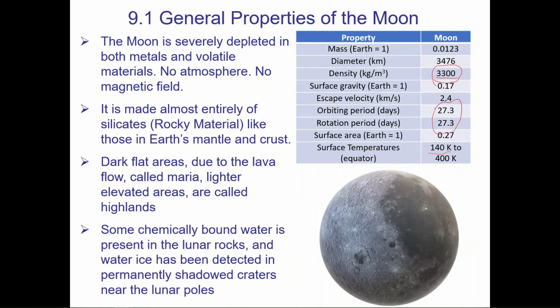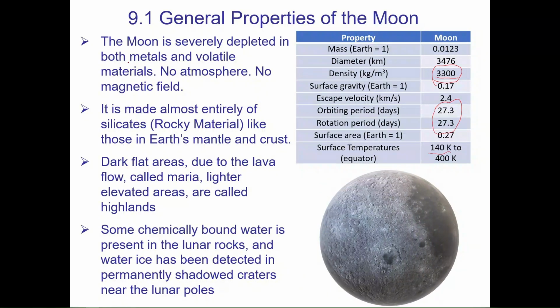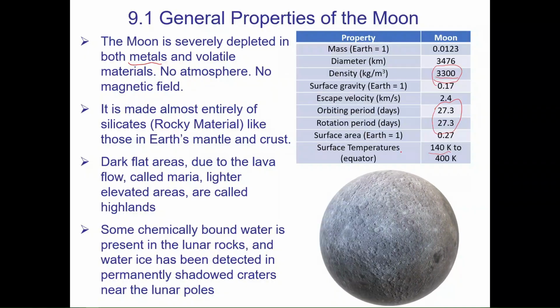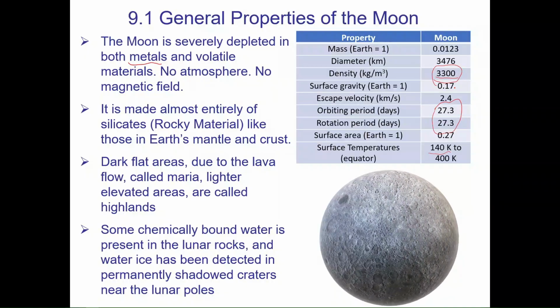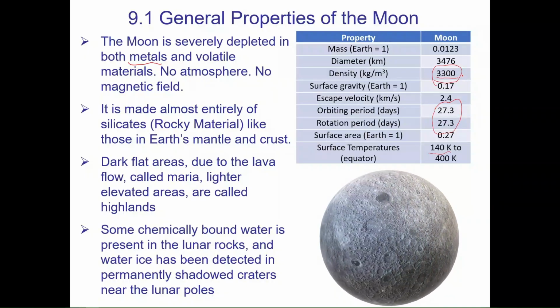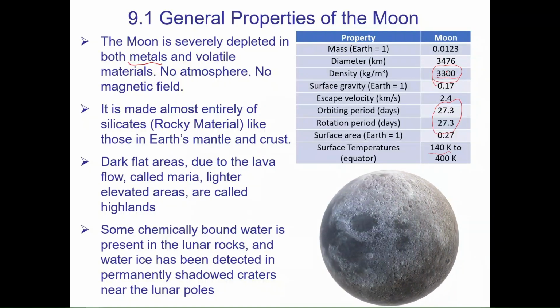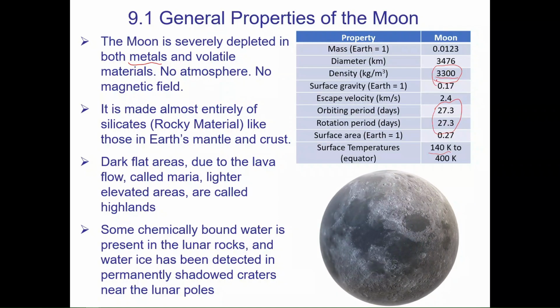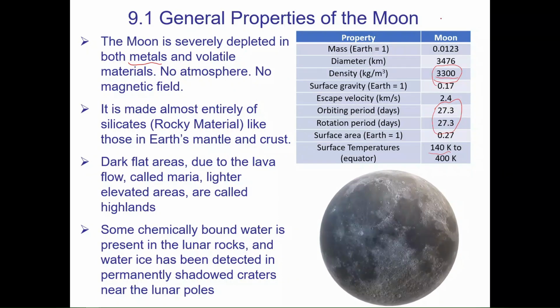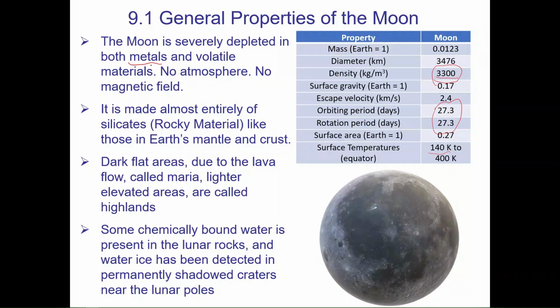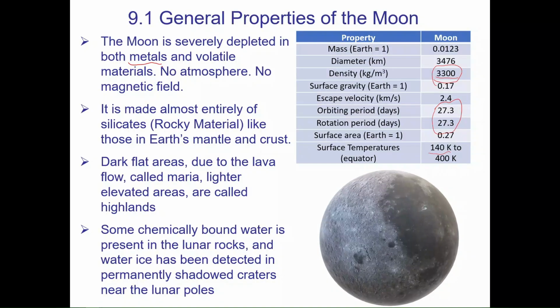In terms of metal material, we know the moon's density is comparable to the density of rocky material, which is like 2,600. So it has very little or almost no high density metal.